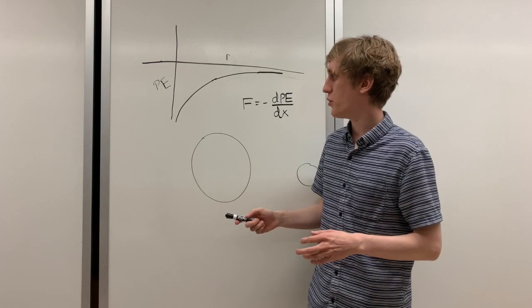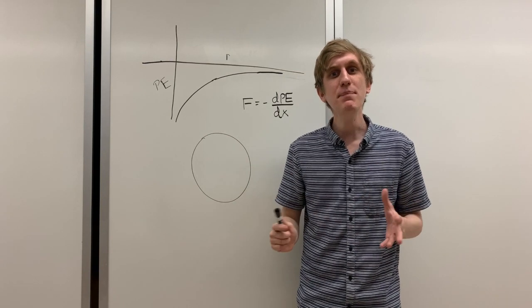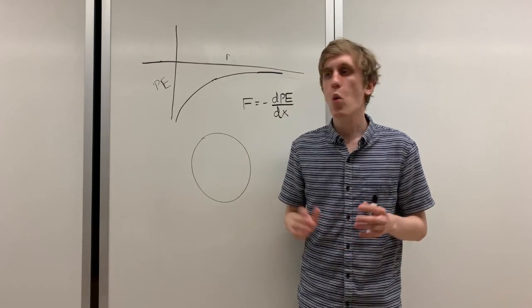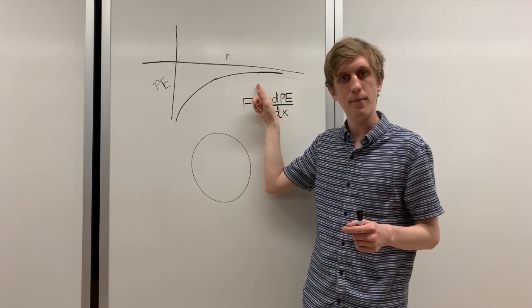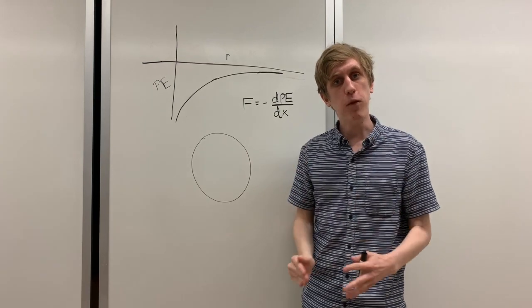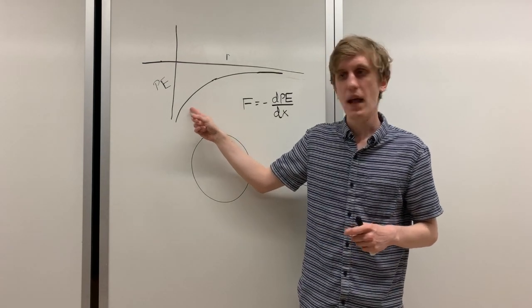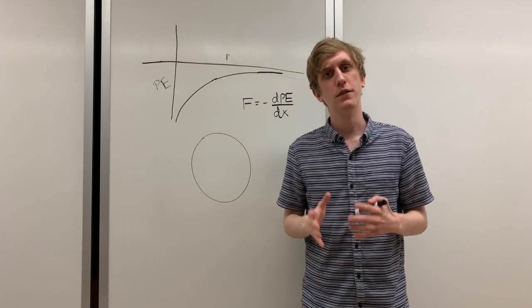The second thing to note about the slope is that the closer the objects get together, the steeper it gets. That means when we take this derivative, we're going to get a larger number here than we would over here. This means that the force between the objects will be greater when they're close together than when they're far apart, which is exactly what we expect for gravity.